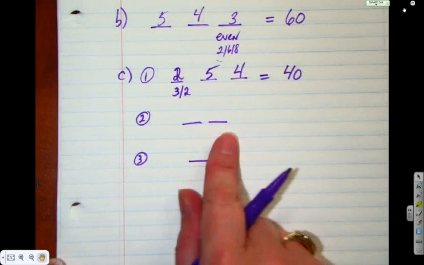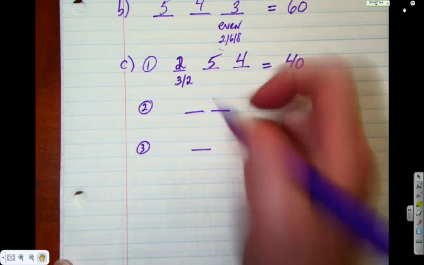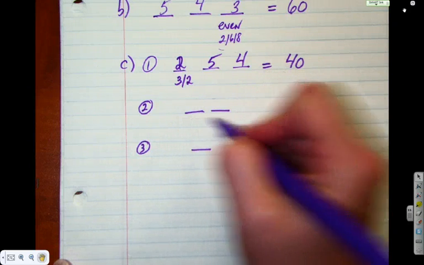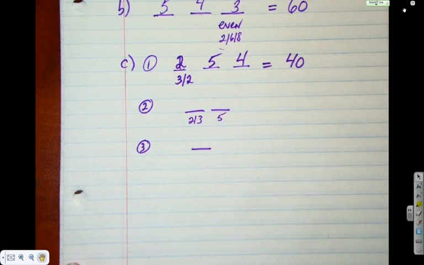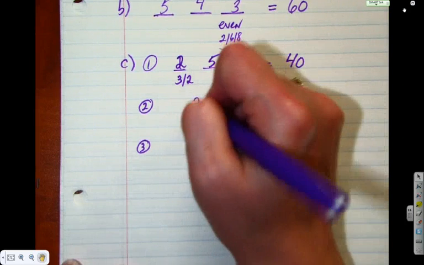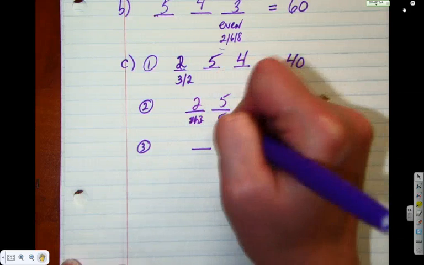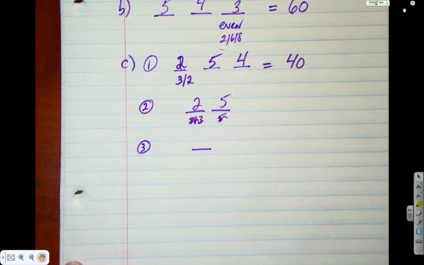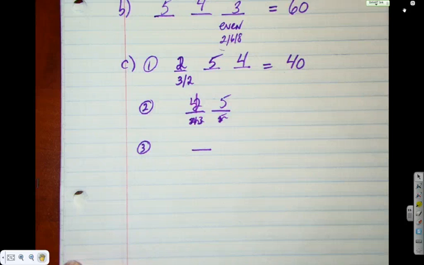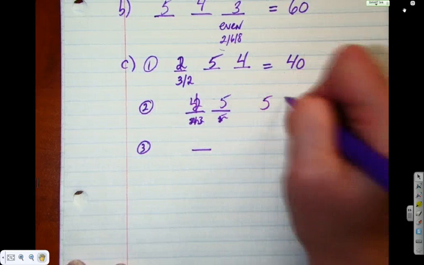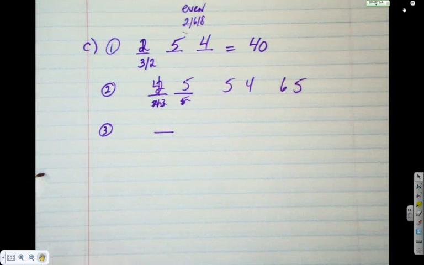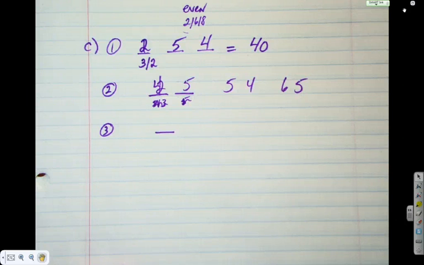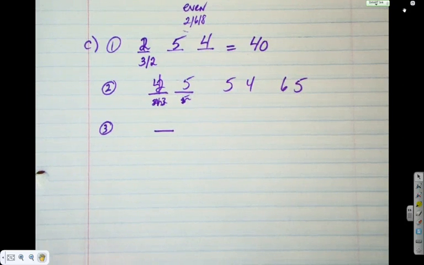Okie doke. The first one can be 2 or 3, so there are 2 choices, and the second one is 5. No, 2 choices and 5 choices. So 2 and 5, somebody offered? 4 and 5? 5 and 4? 6 and 5? Oh, so it's 5 and 4. I'm just writing it down.